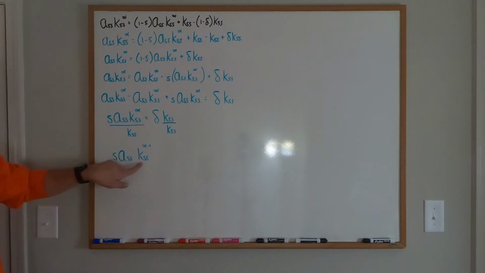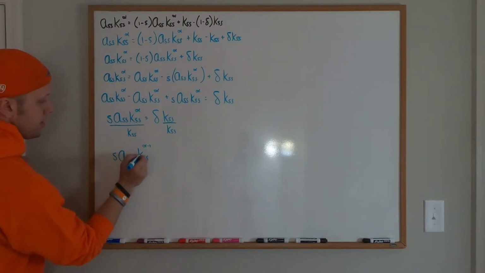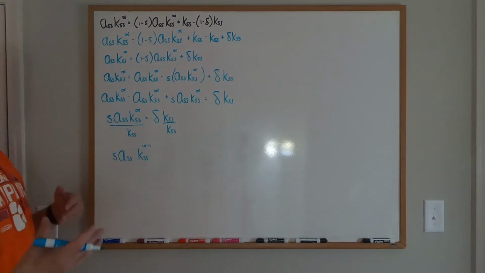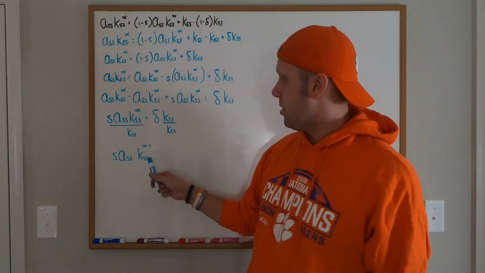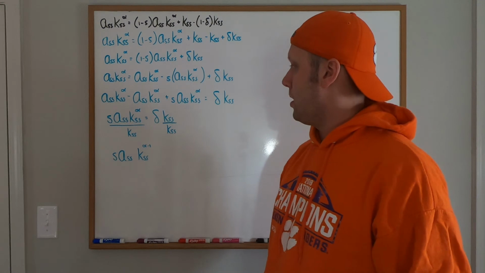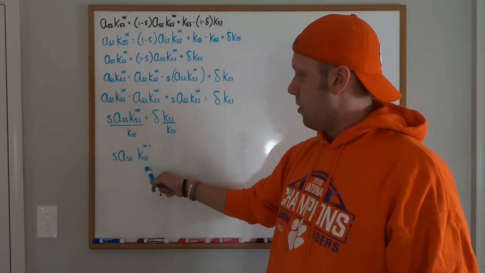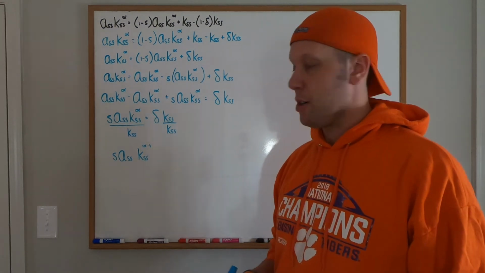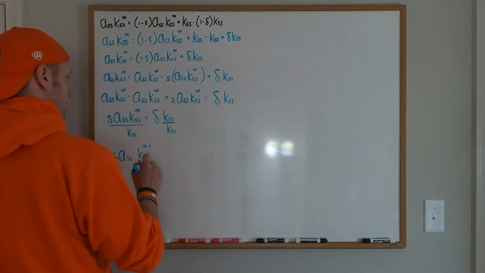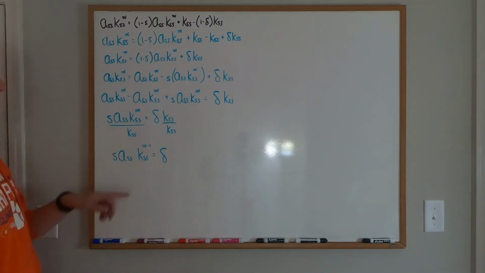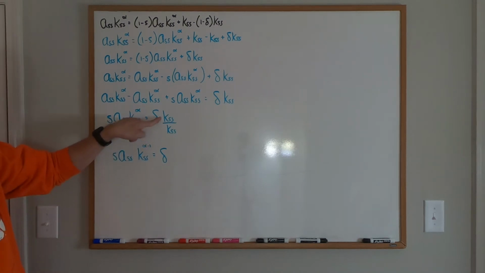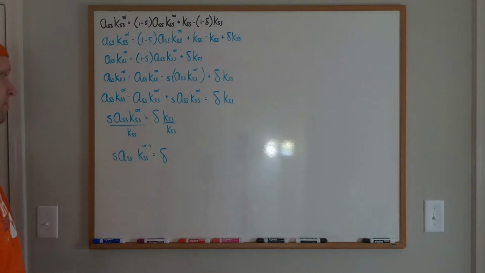Because KSS to the alpha minus 1 is the same as KSS to the alpha divided by KSS, but it's easier to write alpha minus 1 than this to the alpha over KSS. It's just quicker and easier. And that's going to be equal to delta, because the delta still stays over here, but KSS over KSS is just 1, so it's delta times 1.